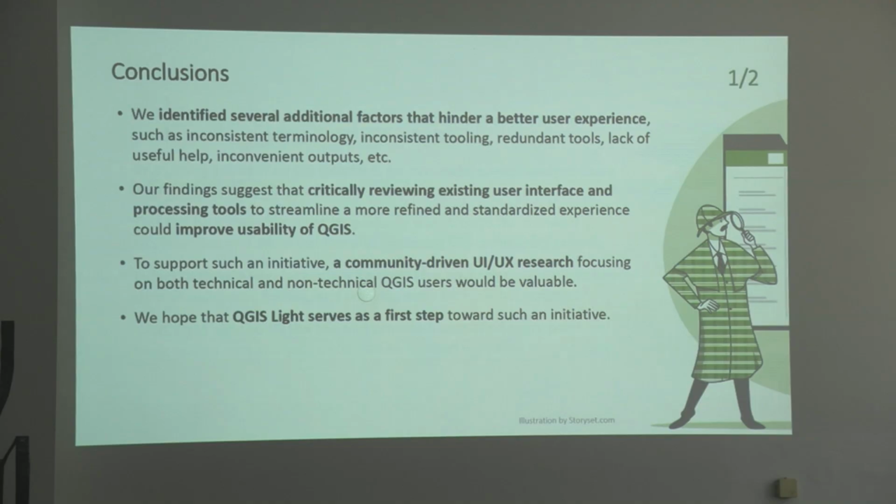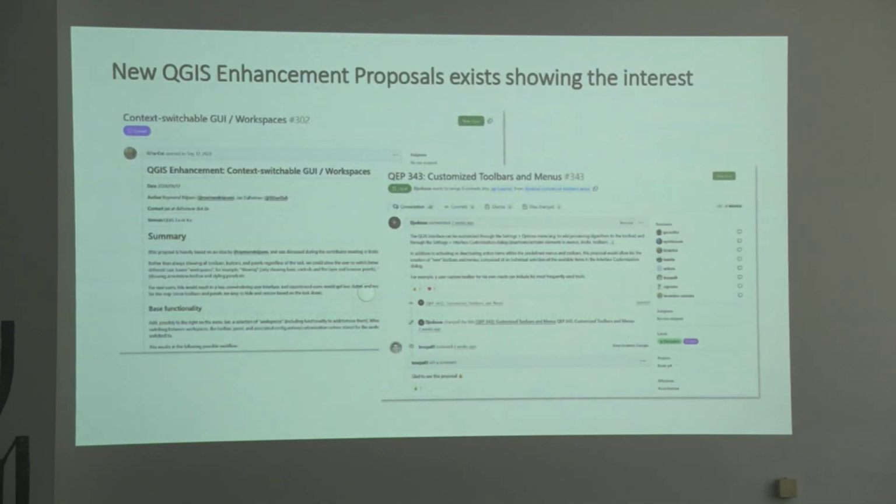During the study, we identified all these additional factors that hinder a better user experience, and we think that a community-driven approach for user interface and user experience research for QGIS can be really useful. And we hope that QGIS Light can serve as a first step for that purpose.